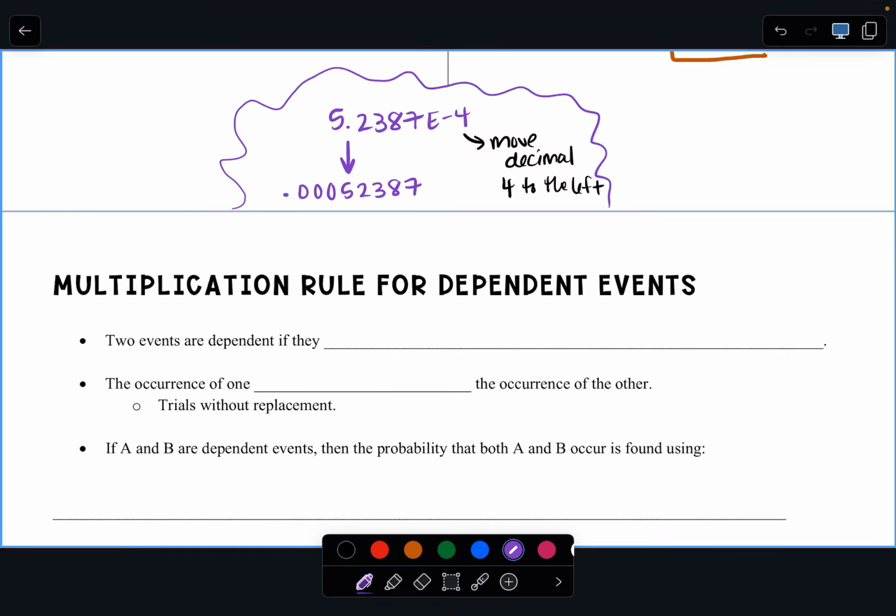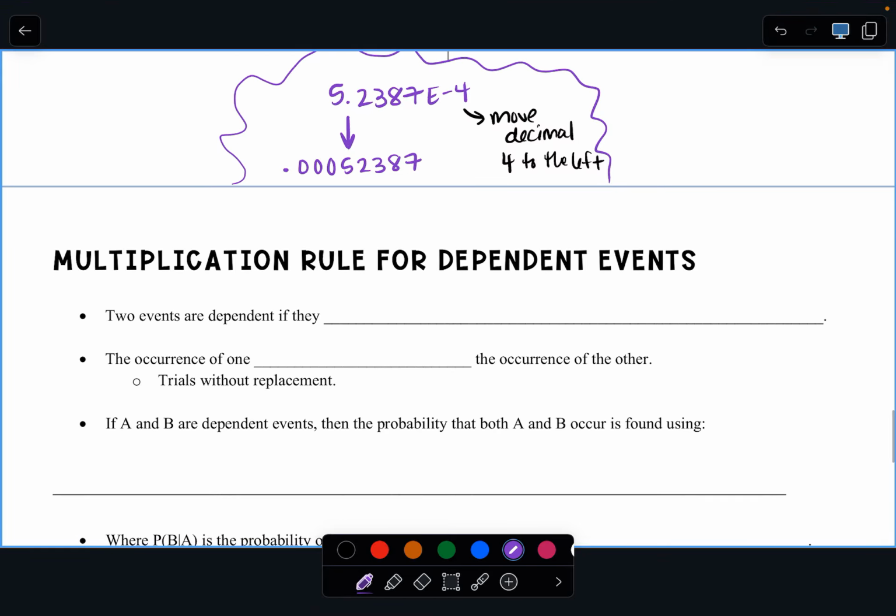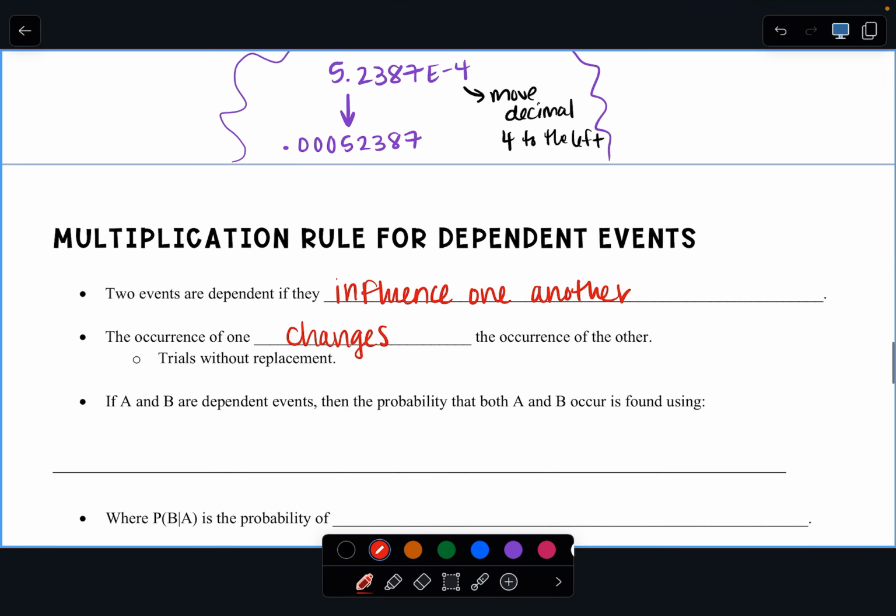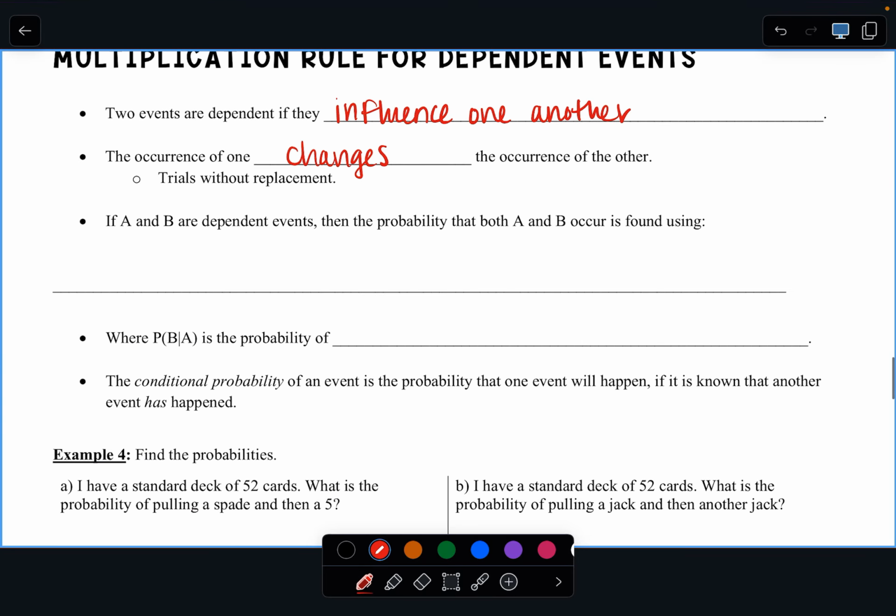Okay, last piece of information, and this will go quick. Two events are dependent if they influence one another. If I could influence, bless you, one another, that means the occurrence of one changes the occurrence of the other. So this is going to be trials without replacement.